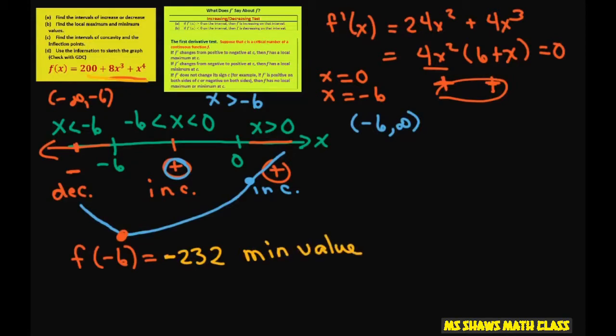All right, and we don't have anything at 0. So basically, we have x has to be greater than negative 6, but x can't be 0. It can't be 0 because if you plug in 0 in this, you get 0 equals 0. And so that just means you have a horizontal tangent. So no max value.